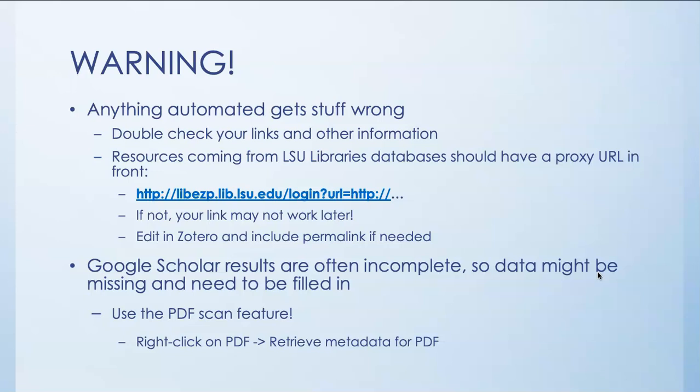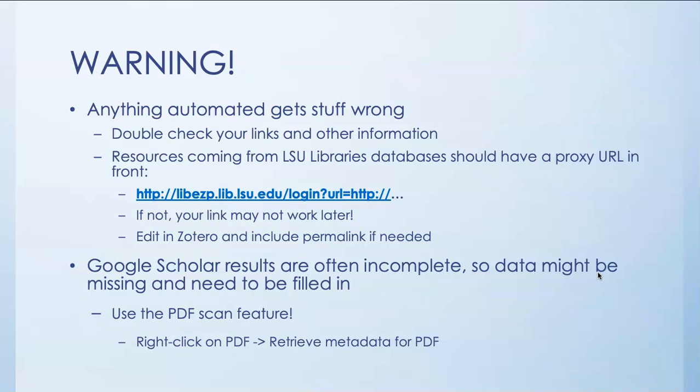If for some reason you need a very specific URL for the citation that you're creating, for example, for a class assignment where you need the LSU Libraries database link to prove that's where you got it from, you'll want to make sure that the URL starts with libezp. That's a proxy URL that identifies that it's an LSU library resource and links it appropriately.